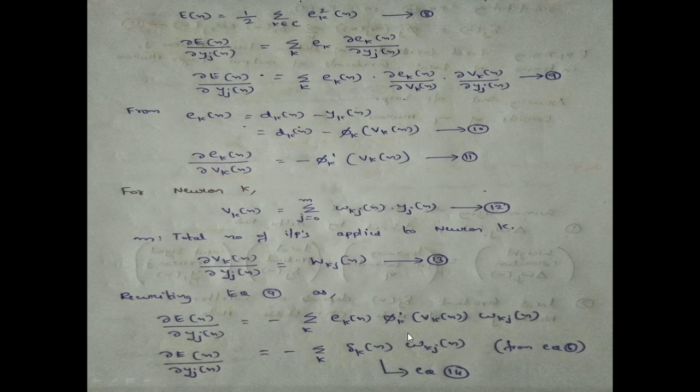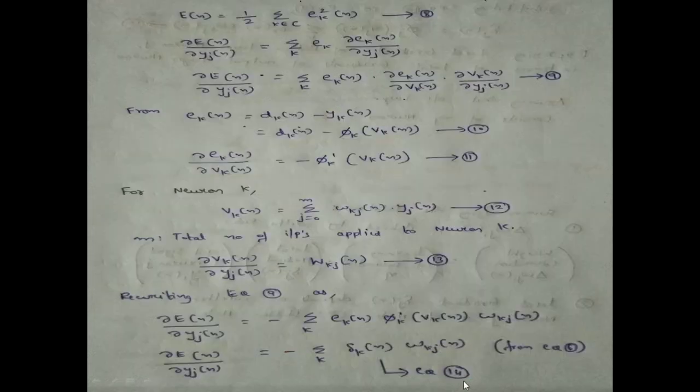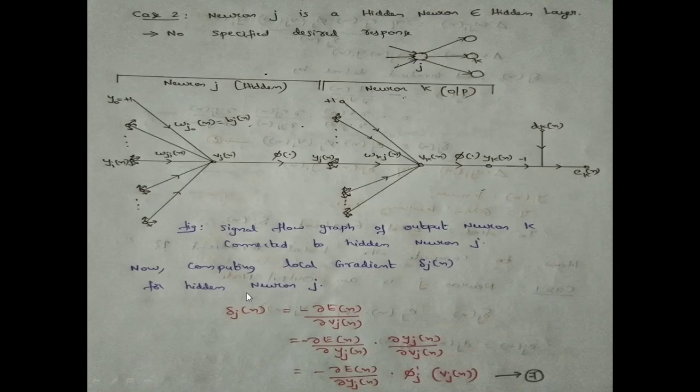So now what is our aim? We wanted to calculate the delta j(n), that is the local gradient of the hidden neuron j, right? This is minus ∂E(n)/∂Yj(n) into φj'(Vj(n)). So now here we got the value of ∂E(n)/∂Yj(n). From equation 7, delta j(n) is equal to minus ∂E(n)/∂Yj(n) into φj'(Vj(n)).